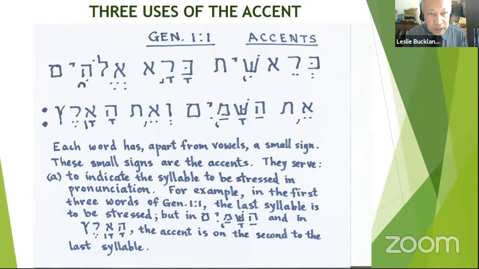Then the third word here is Elohim. Elohim is the usual spelling for God. I have taught you another word, and that was El. Yes, but this is the common word for God. It is actually in its plural form. El is singular, but Elohim is plural.